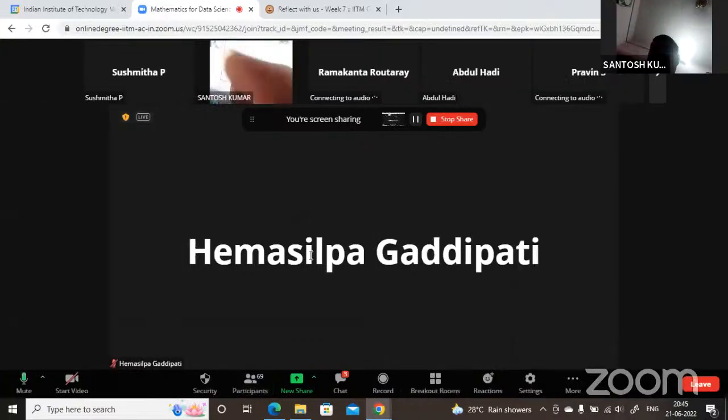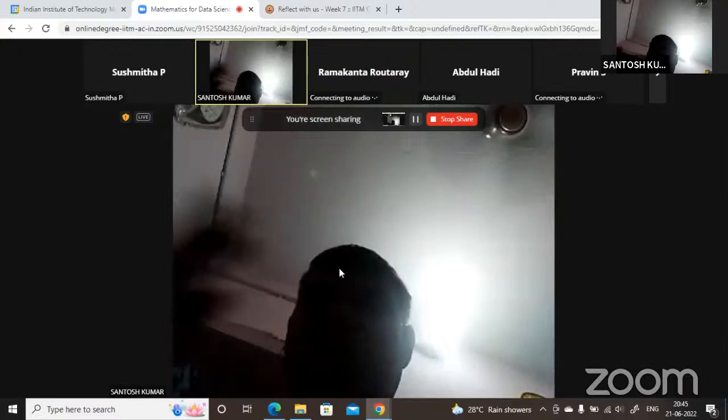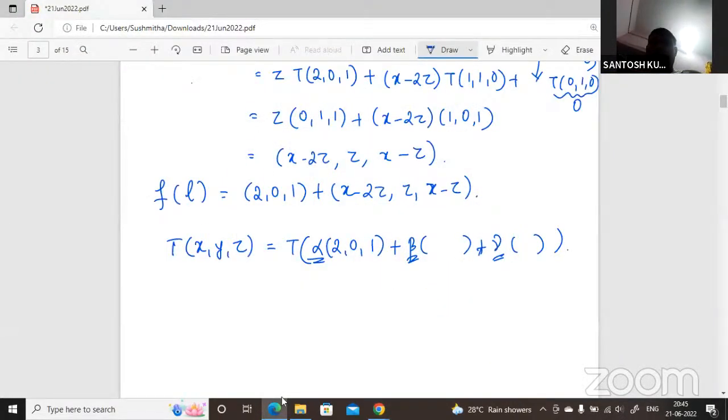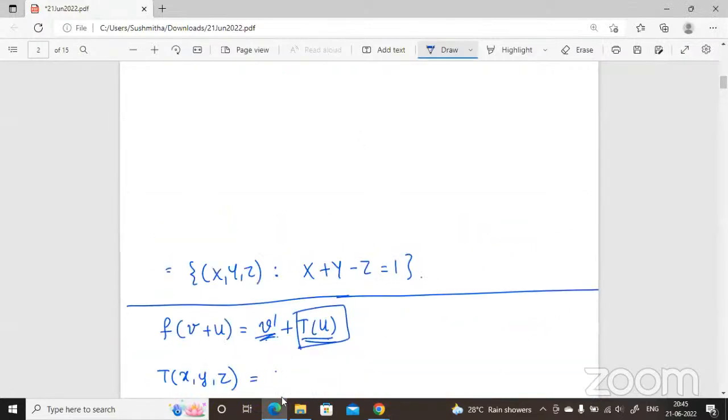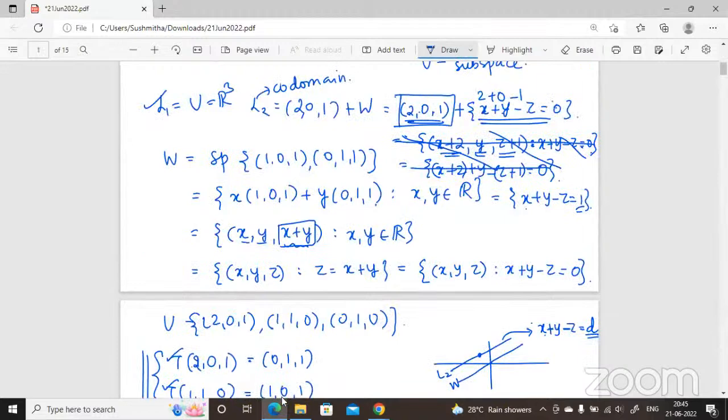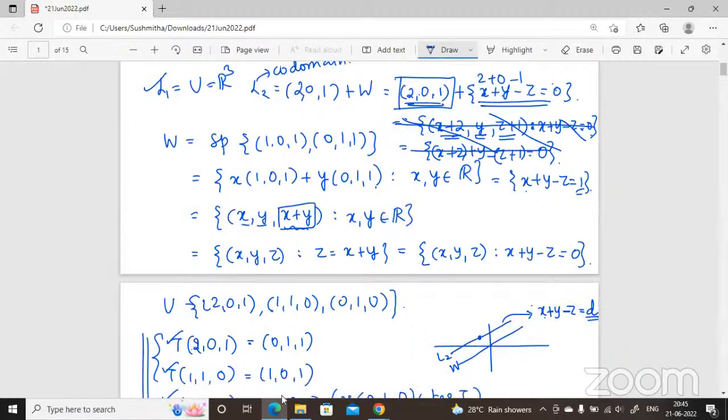Could you repeat the L2 part, madam? How do we get W from the figure? I know that L2 is a translation of W. It's parallel to W, so the only term that is going to change is the constant term.